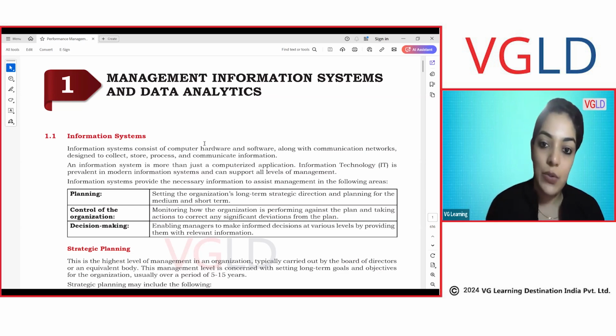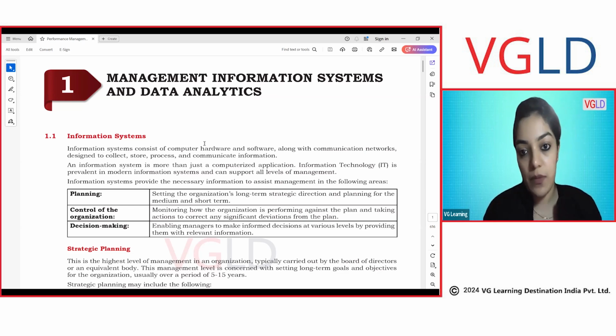So, let's say you do the control activity and you find that okay, I am lagging behind in a few subjects or few topics, and I need to do this to rectify the situation. So that's what the second part is, taking actions to correct any significant deviations from the plan. Then third is decision making.